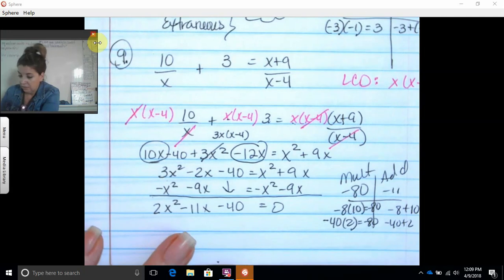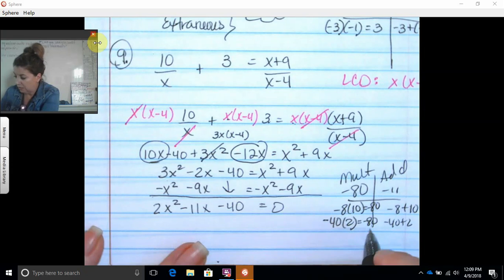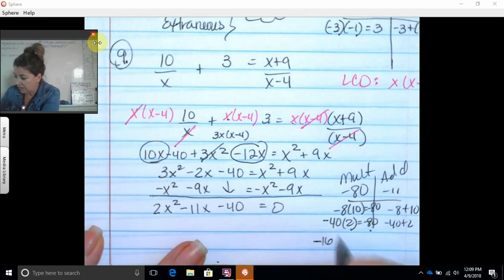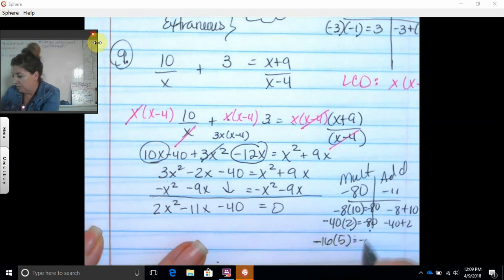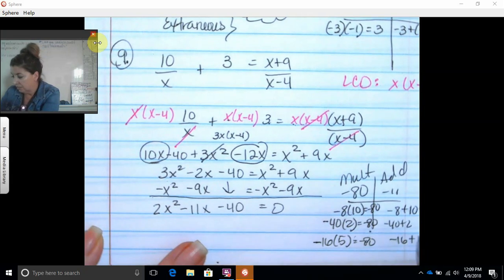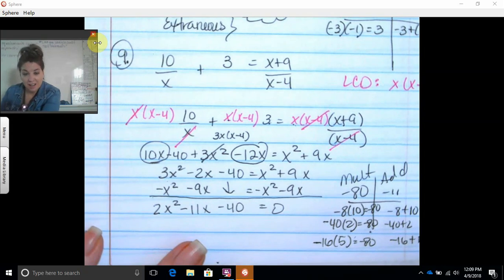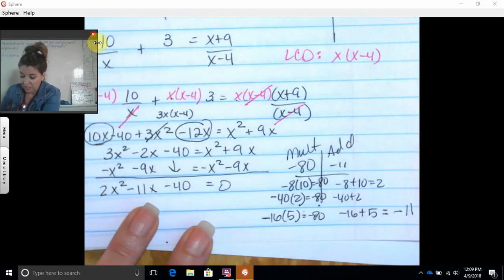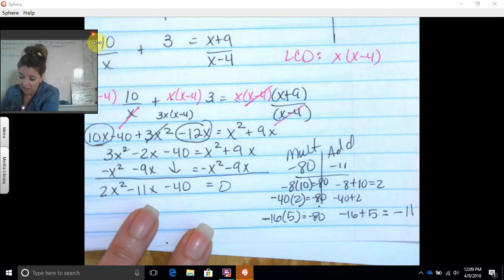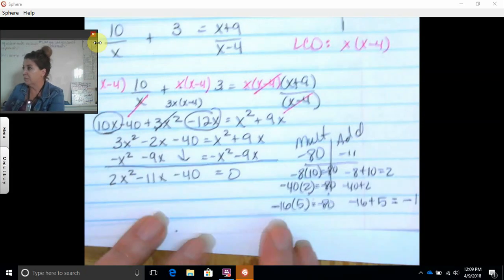Nah, it's not factorable. Hold on. No, oh yeah, that won't work, because if you did negative 16 times 5, that's negative 80. Negative 16 plus 5 is negative 11. What did I say? I said 5. You said 5, and then you go, nah, that's not going to work. That works. Woohoo! Negative 16 and positive 5.